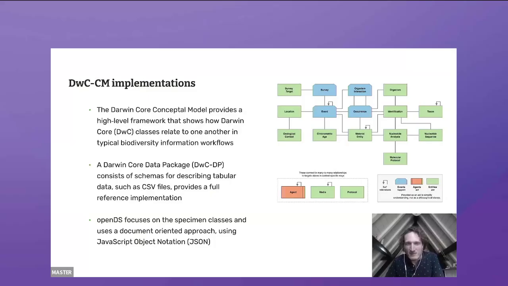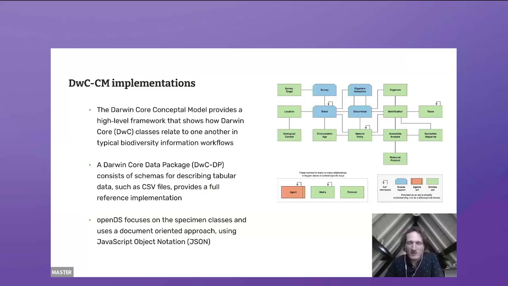In that regard, we see the Darwin Core Data Package as a full reference implementation of it. It implements all these classes in a specific serialization structure, a highly normalized tabular data structure where CSV files are used. OpenDS is quite different in that regard.